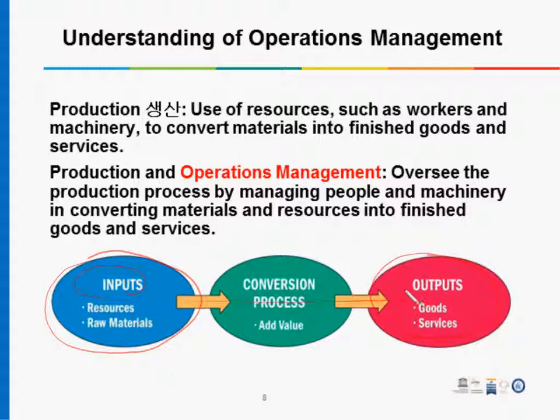So the output can be some product or invisible services. In the middle, the conversion or transformation process should add value from the customer's point of view. So OM, operations management, oversees the production process by managing people and machineries in converting materials and resources into finished goods and services.